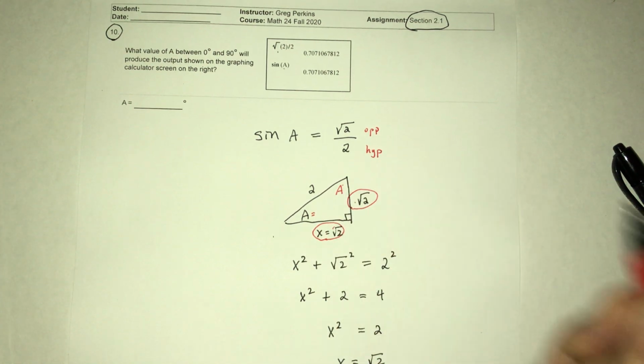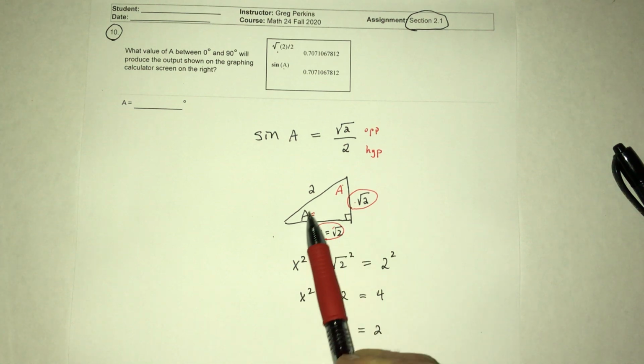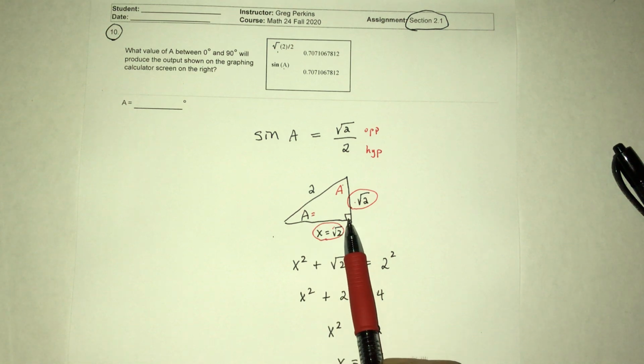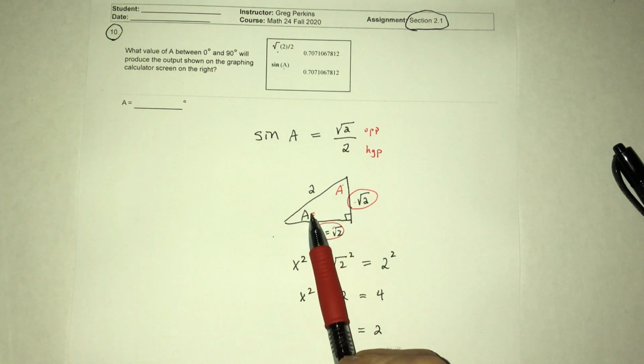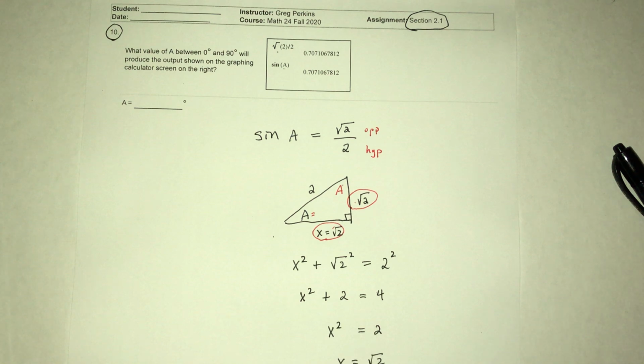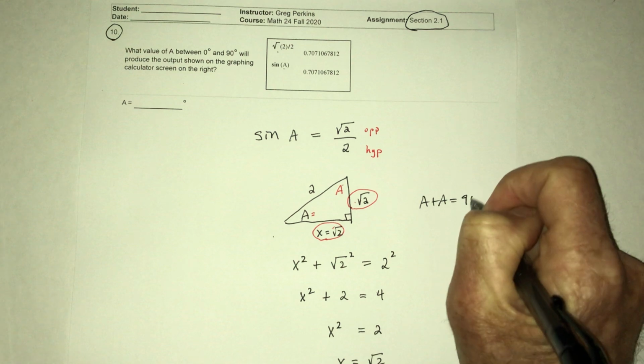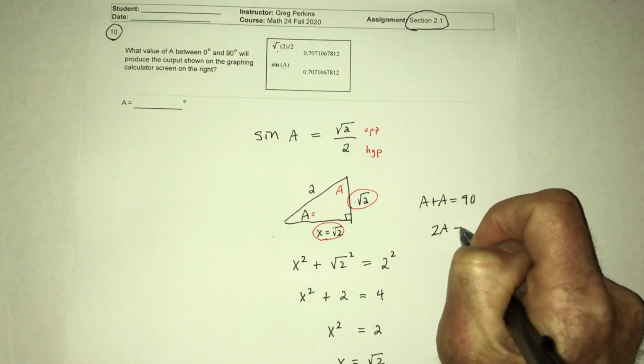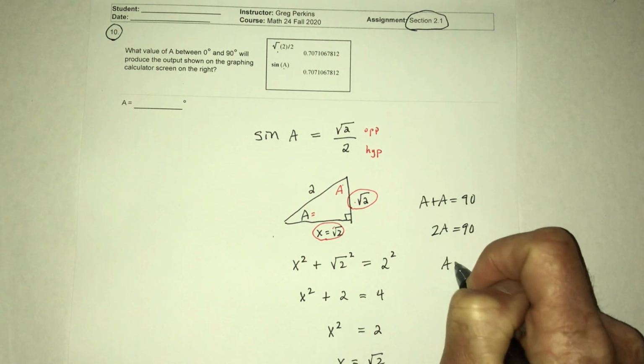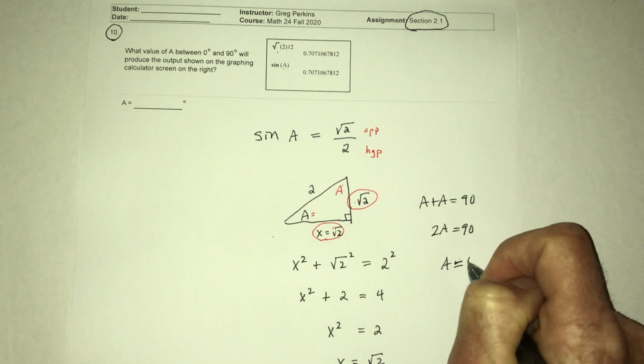So this also has to be A. Well, the three angles of a triangle have to add up to 180, and this is already 90, so that means A plus A has to equal 90. Or in other words, 2A equals 90, so A has to equal 45.